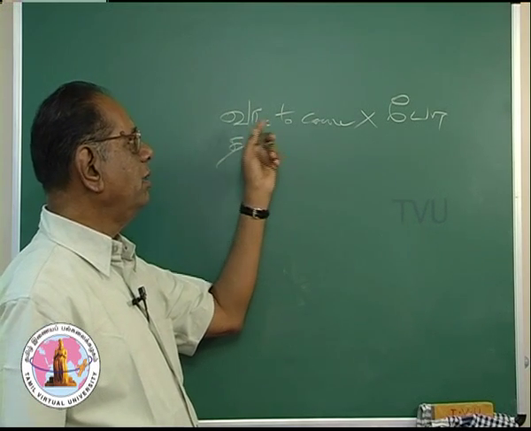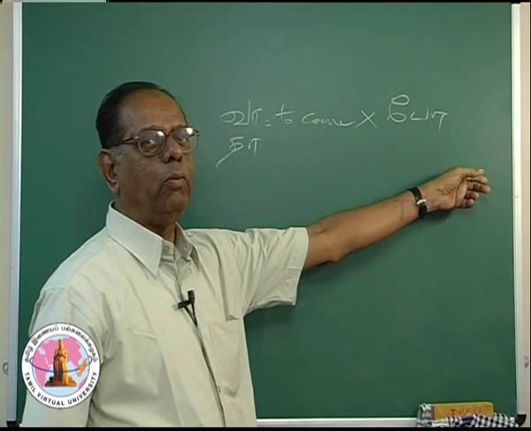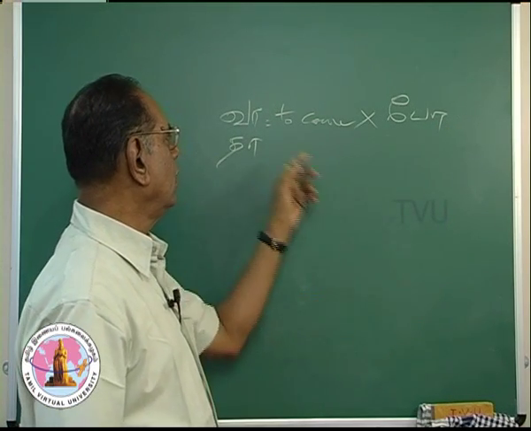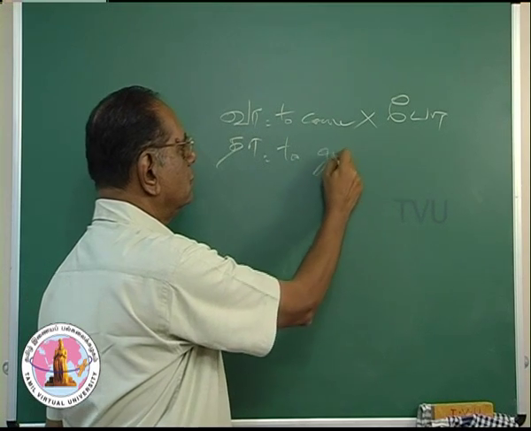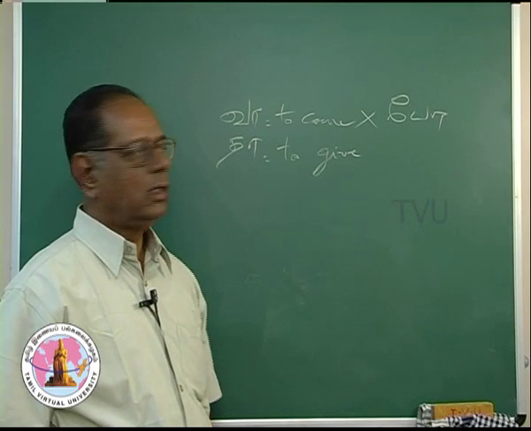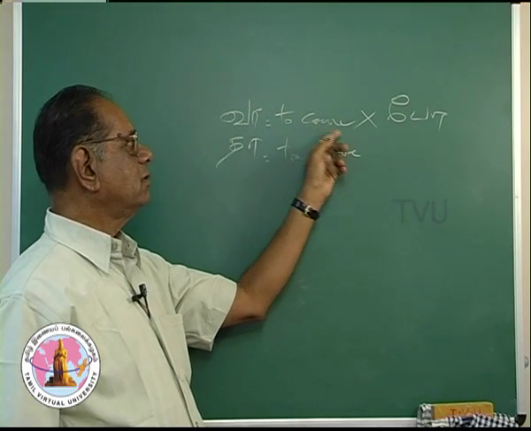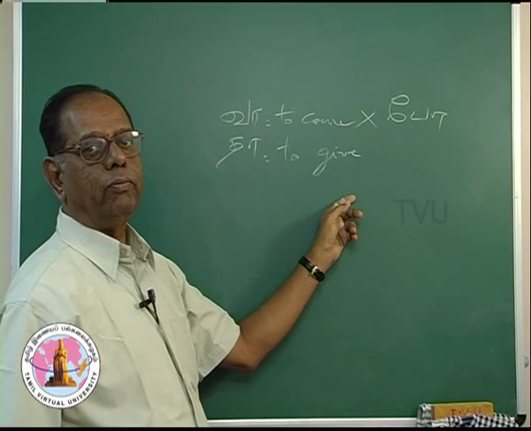Va means to come, po means to go, and ta is to give. Va means to come, ta means to give.